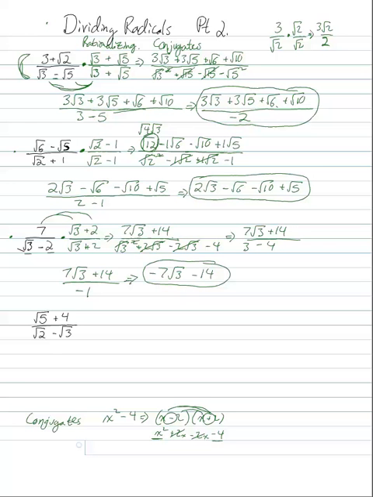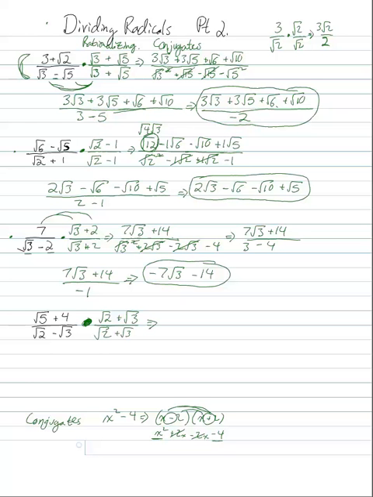Square root of 5 plus 4 over square root of 2 minus square root of 3. Again, can't simplify any more radicals, can't simplify the fraction. So let's go ahead and just multiply then. Don't even have to draw the arrow. We'll multiply by the conjugate. So square root of 2 plus square root of 3 on top and square root of 2 plus square root of 3 on the bottom. Just change that middle sign.